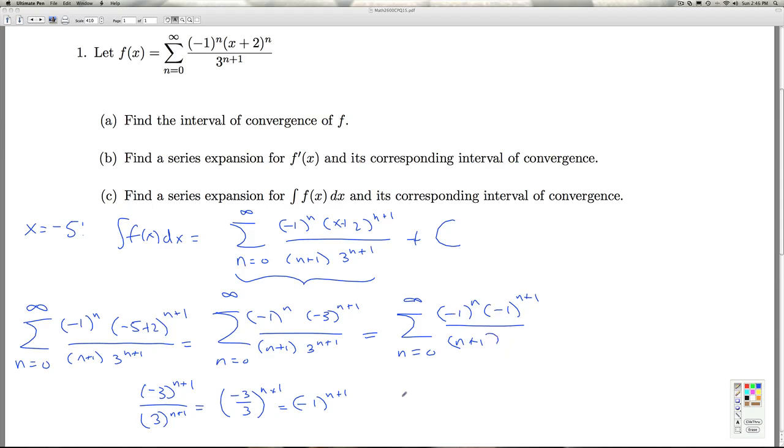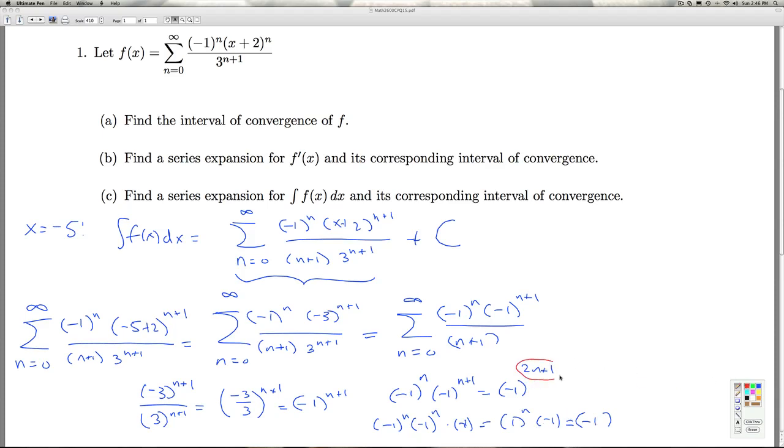So how can I combine these? A couple different ways I can combine these. I can just add the exponents. I've got the same base, I can add the exponents. It gives me (-1)^(2n+1). Or I can rewrite this as (-1)^n times -1, so this is 1^n times -1, which is -1.